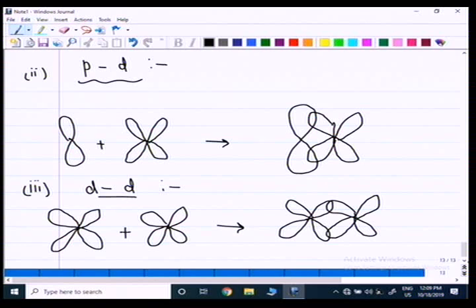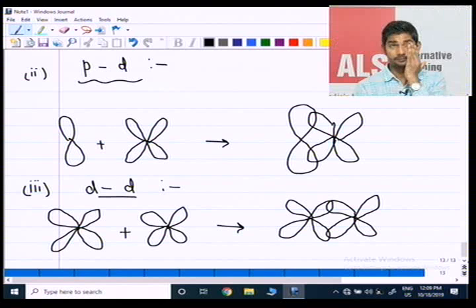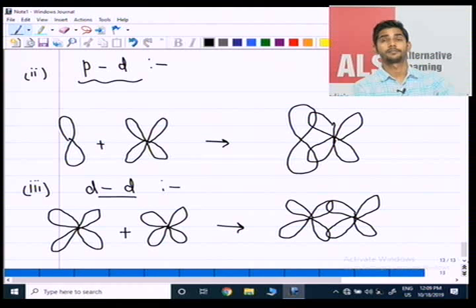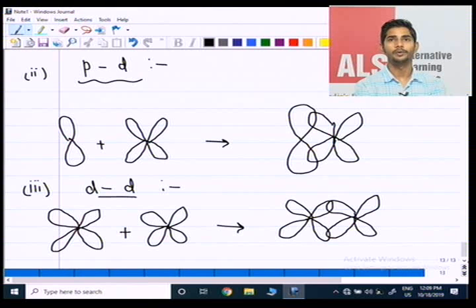Shillong, I think your camera is not working, dear. Copied? Shillong, Itanagar?